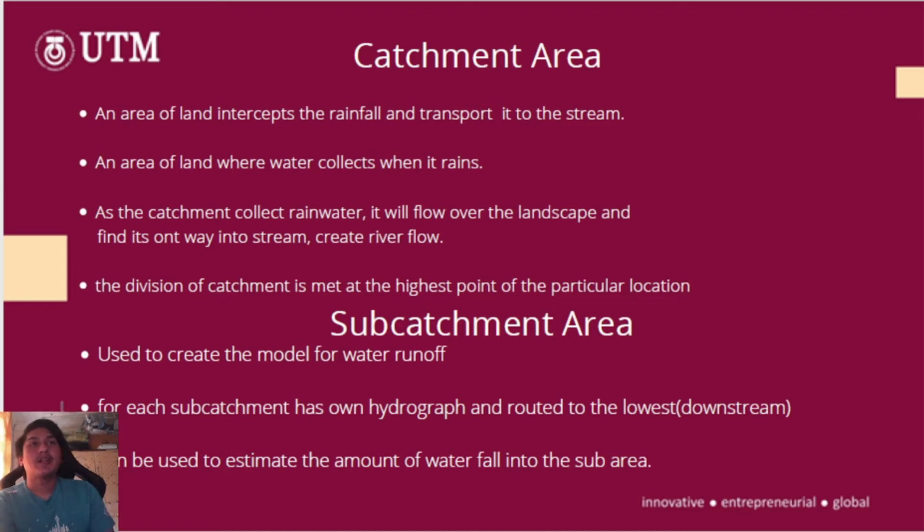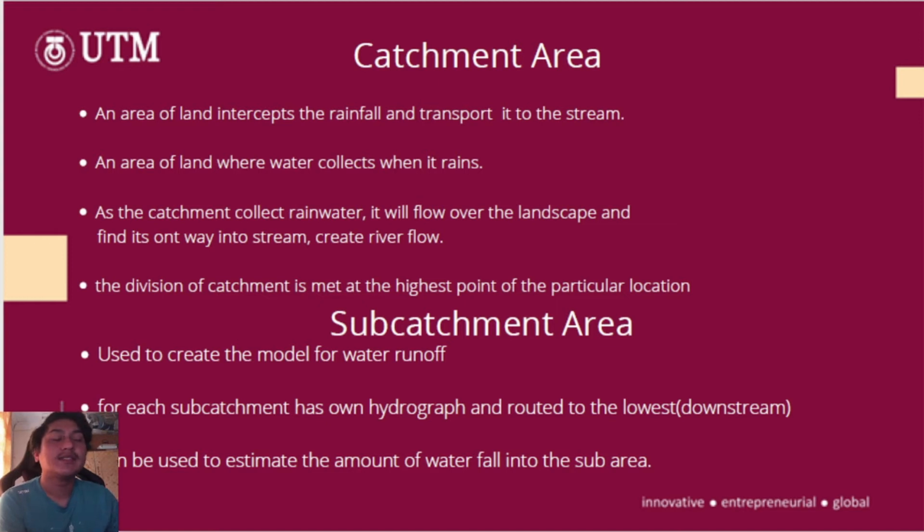As the catchment collects rainwater, it will flow over the landscape and find its own way into streams and create river flow. For the method of division, every catchment is made at the highest point of the particular section.